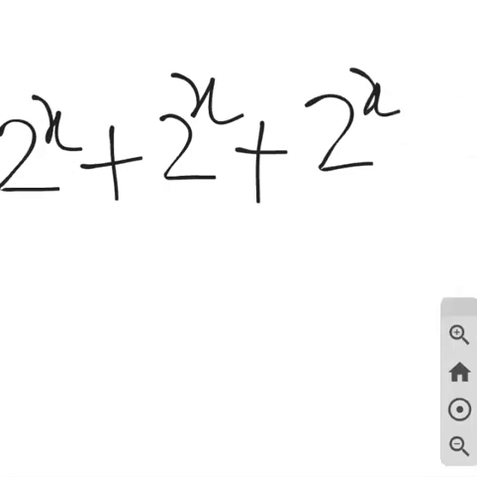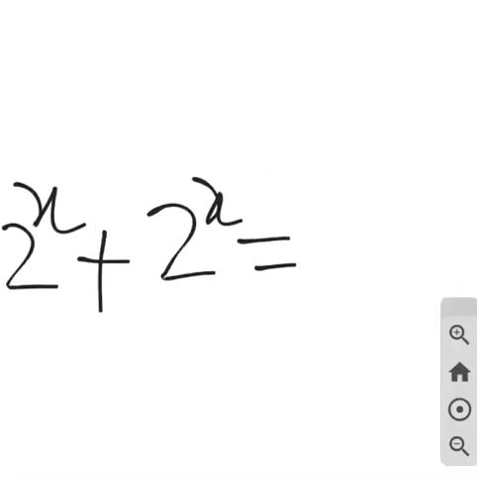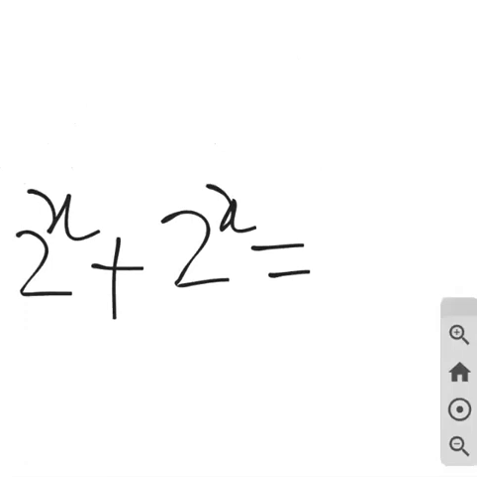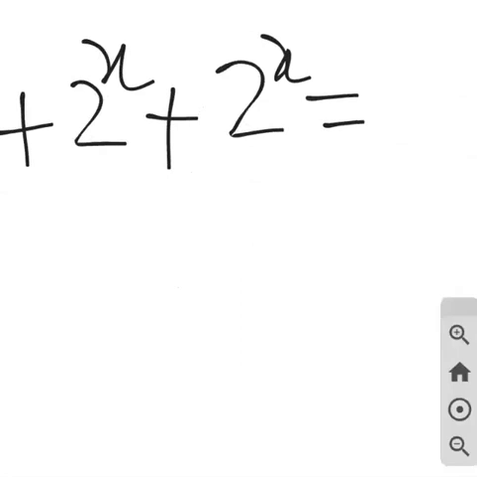If you've added it 2 times, it will be 2 multiplied by 2 to the power x, and in this case we've added it 8 times, so it should be 8 multiplied by 2 to the power x. So if we shorten the left hand side, it will be reduced to 8 multiplied by 2 to the power x, where x is the exponent. The right hand side has already been provided as 1. So what we are trying to do is solve for the value of x.